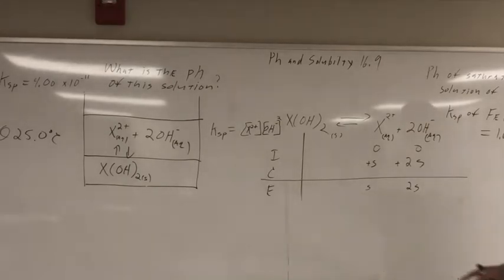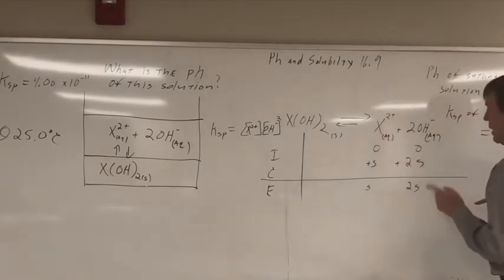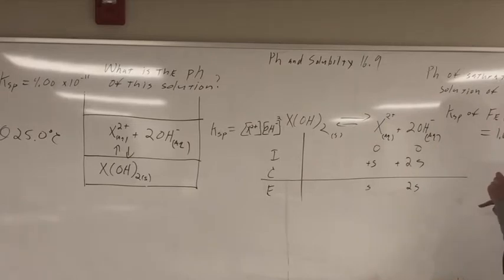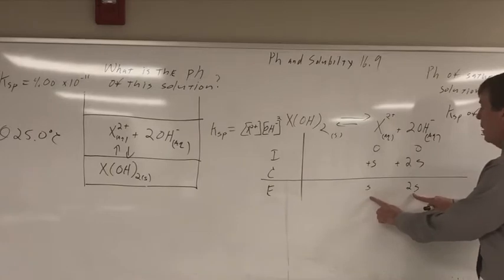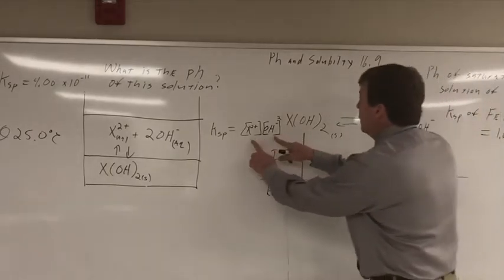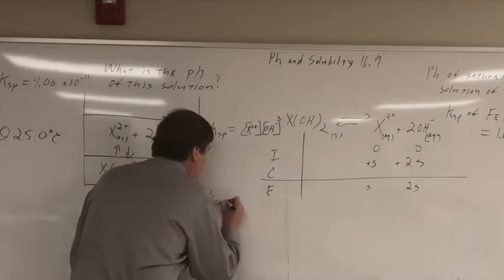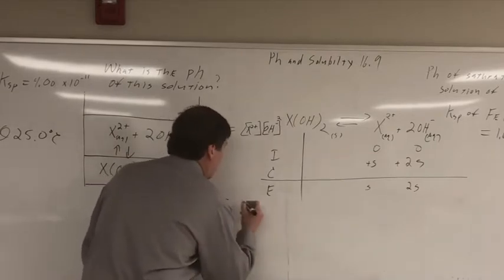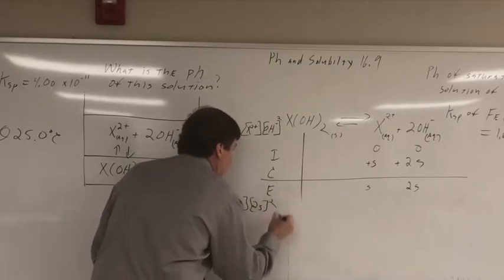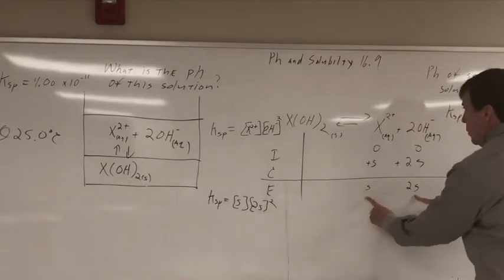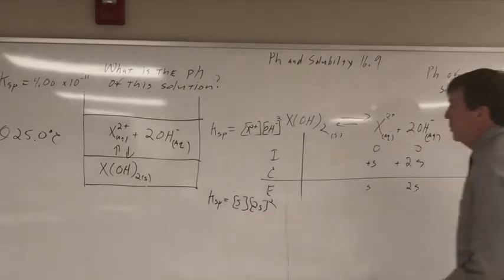Well, notice here we have s for this cation here, and we have 2s for the hydroxide. We have the Ksp expression here. Let's simply take our equilibrium values and substitute them in here. And then we have Ksp equals s times (2s) squared. So that was easy enough. Here's our equilibrium amounts, and we're plugging it in here to the Ksp expression.